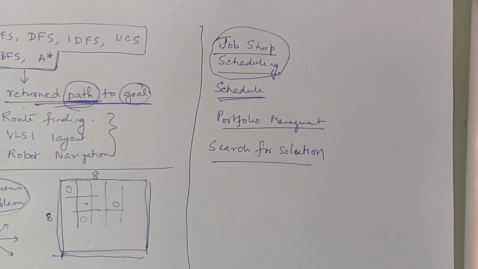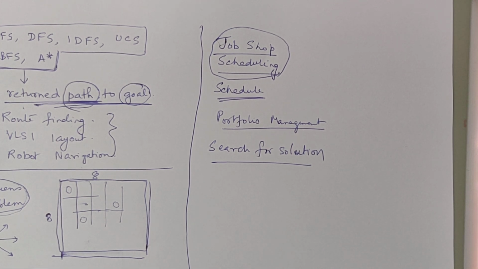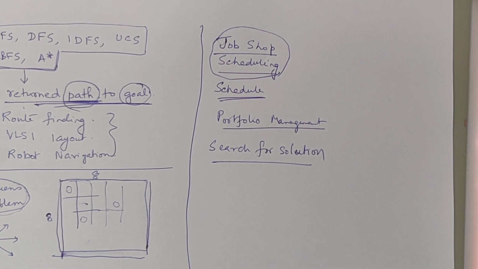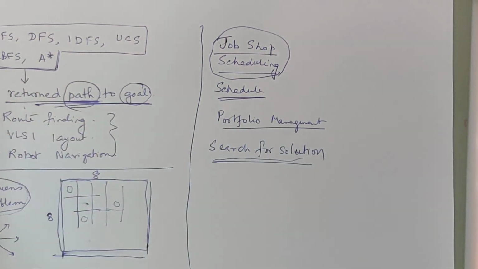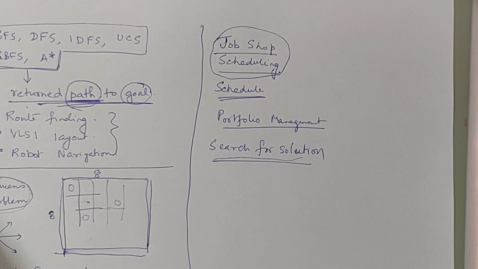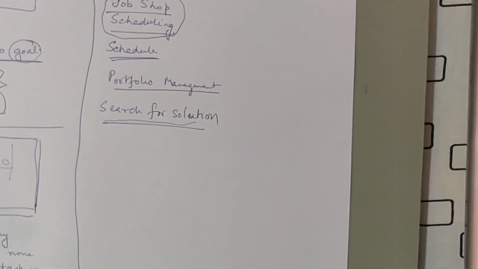Also, from the moment we wake up in the morning, we are scheduling our day, where to go, when to go, how much time to spend to achieve optimal output. So when the path to the goal does not matter at all, we are visiting a different class of algorithms in which we are searching for the solution itself.